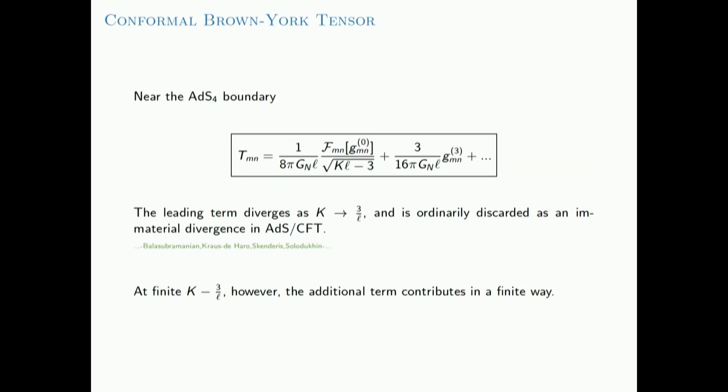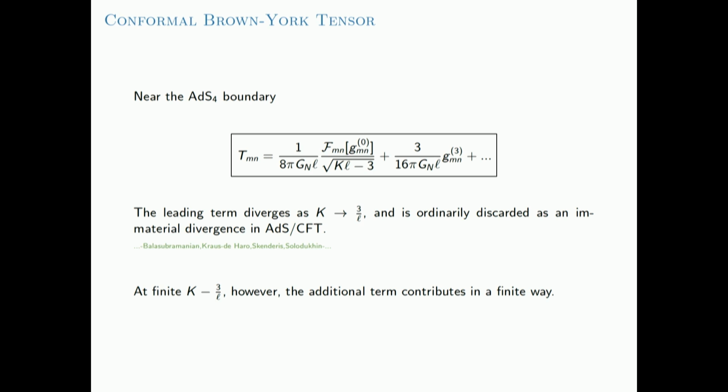What of the AdS/CFT Brown-York stress tensor? Here there's a nice question. We typically calculate the stress tensor in AdS/CFT using the standard Gibbons-Hawking-York Dirichlet boundary term. However, one can compute the Brown-York stress tensor for this modified term, and what one finds is that there's, to leading order near the AdS boundary, a term that diverges that we would ordinarily discard as an immaterial divergence in AdS/CFT, plus the term which is indeed equal to the Brown-York stress tensor.